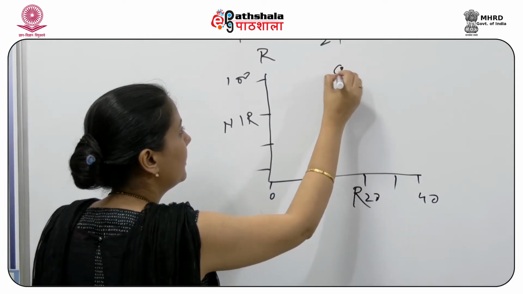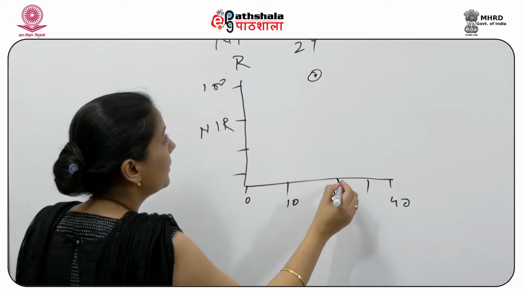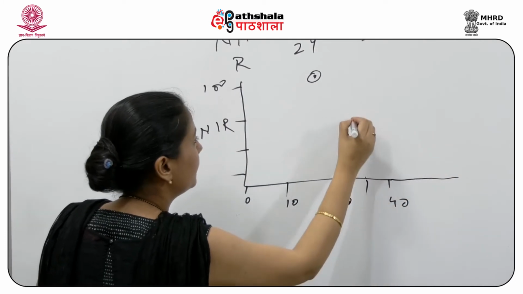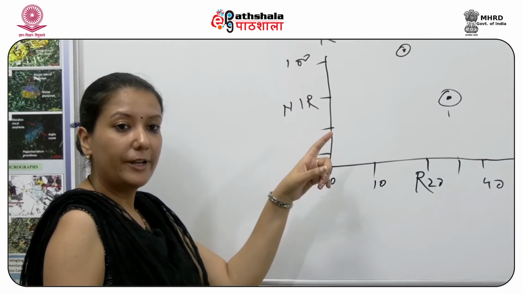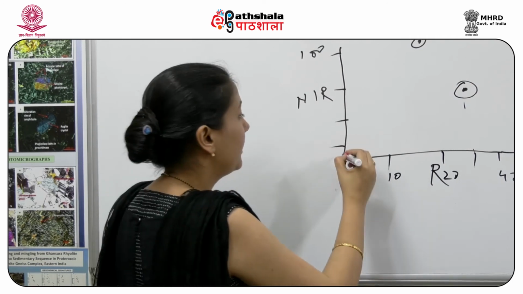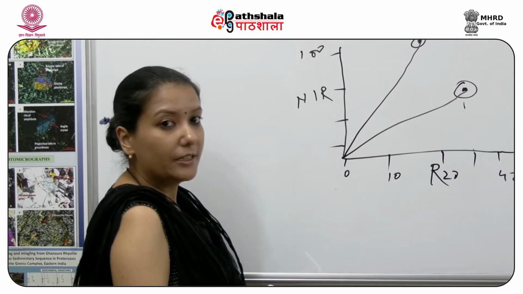This is your one vector here, and this second vector would be around somewhere 60 and 30, so it would be somewhere here. So this is the pixel value for the same vector, but what is happening here? The values have changed between T1 and T2 in both of the values. So this is your vector here.